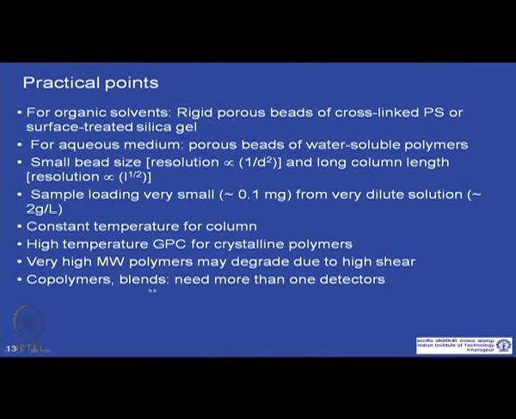So, we should be careful in determining the molecular weight for very high molecular weight polymers in GPC. And if you have a complicated system like copolymers or blends, we require more than one detector to fully determine the molecular weight of those.